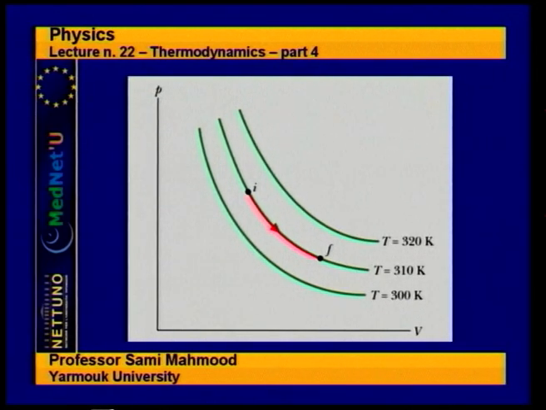For example, on the PV diagram, we have the initial state and final state taken at temperature 310 K. That is an example of the isothermal process.